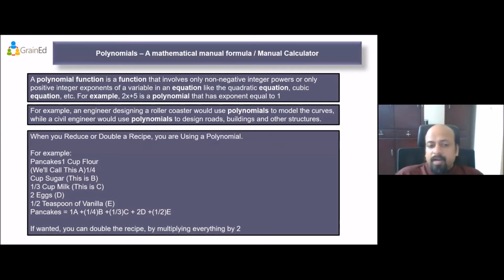You make pancakes, 1a plus 1 by 4b plus 1 by 3c, that is a polynomial. It's just that you call it by some name. But at the end of the day, everything you see with constants and variables, in a supermarket, there is a polynomial. Engineers use it from a complex equation point of view, designing roads or curvature and all that. Those are practical applications of polynomials.